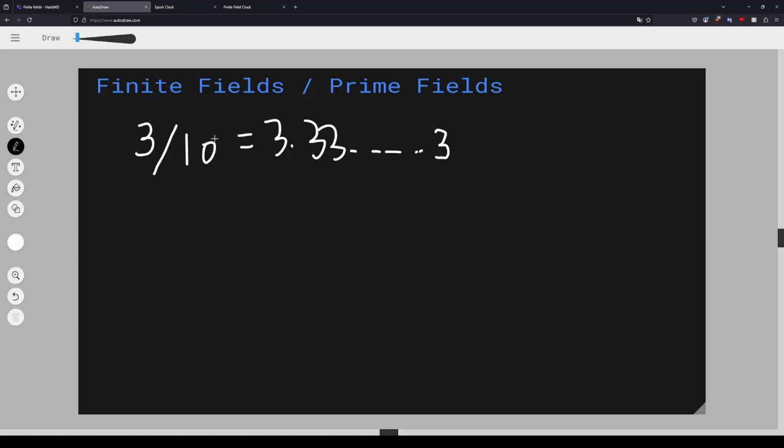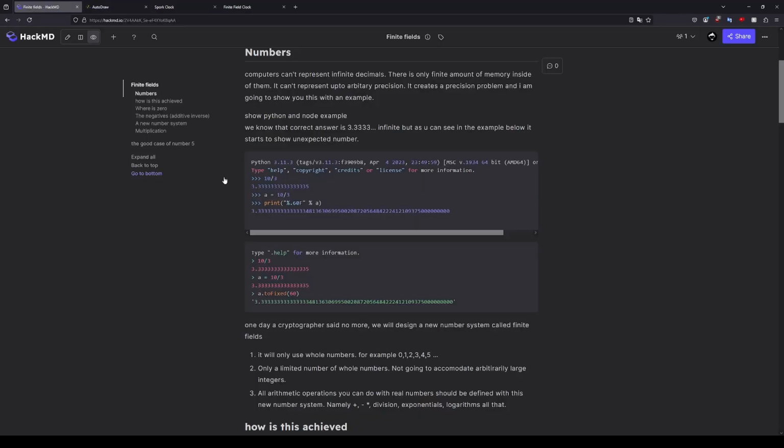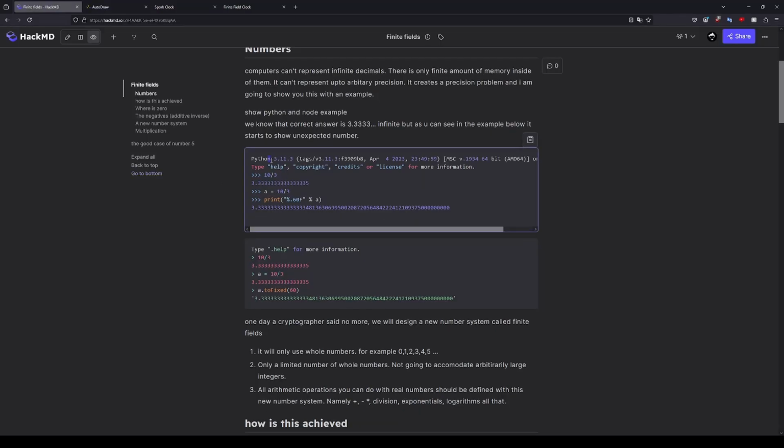But if you do the same operation in a computer, for example, I have the notes here, you will get it too. If you do it in computers, you get errors after some digits, after some precision. It's not precise to infinity, it can't be.